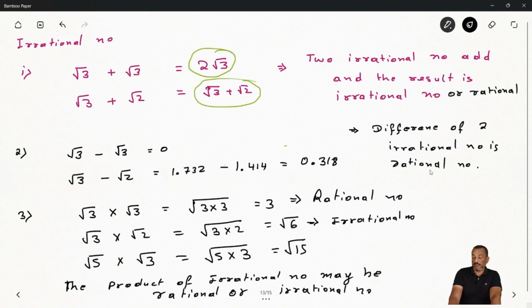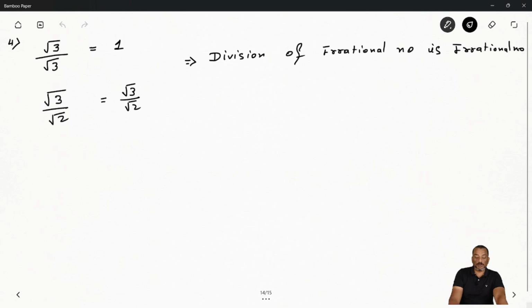Now, if two irrational numbers are subtracted, their result is a rational number. Third, the product of irrational numbers may be a rational number or an irrational number. Okay, clear? Now, the fourth one, division of irrational numbers is an irrational number. Okay, so that we have clear.